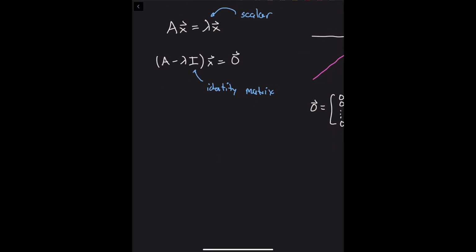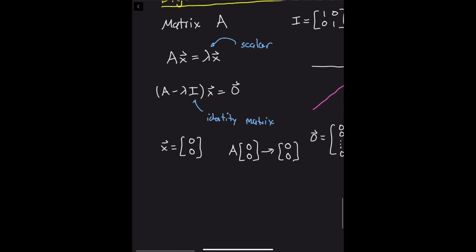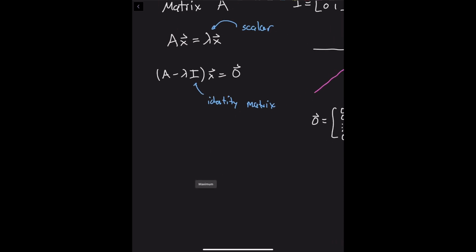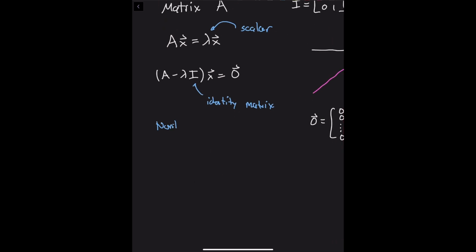And there's a theorem basically that for this to have non-trivial solutions, and by non-trivial we just mean x isn't just the 0 vector, because obviously if x is 0, 0, then no matter what we apply to it, a matrix times 0, 0 is just going to be 0, 0 again. So that's always going to be true with the eigenvalue problem. So we're interested in the vectors where x is not just the 0 vector. So non-trivial solutions happen.